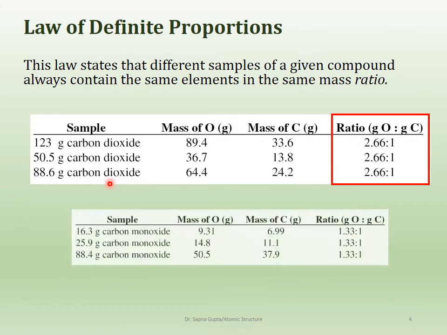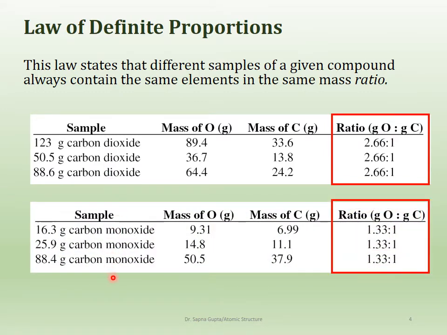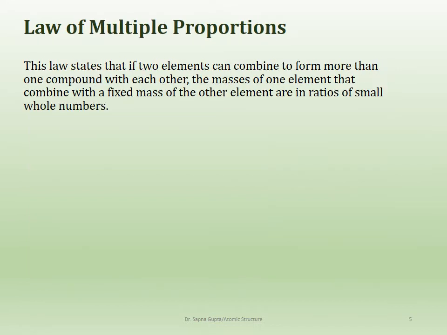The same thing happens if you start with carbon monoxide, which is CO. In that case again, the mass of oxygen and carbon is fixed no matter how much carbon monoxide you start with. So this is called the law of definite proportion.